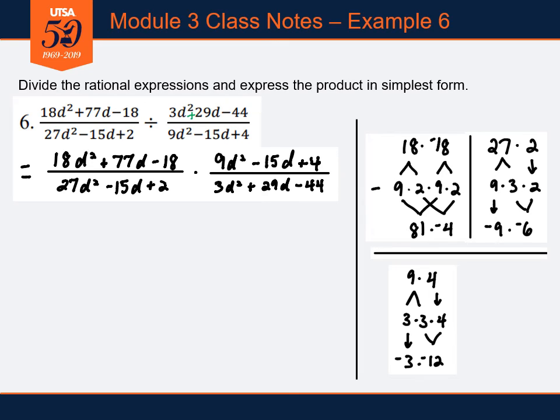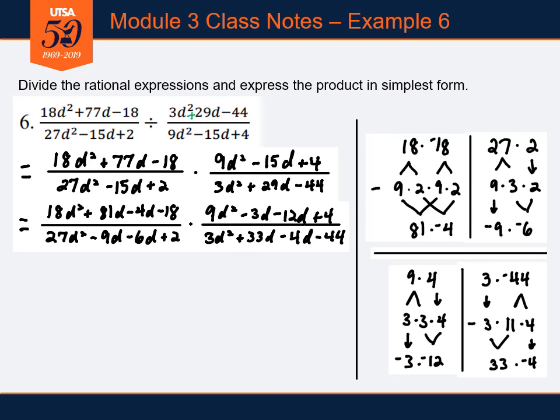In the numerator of the second fraction, 9 times 4 is 36, and -3 times -12 gives me 36, and also adds to -15. Finally, 3 times -44 in the denominator of that second fraction can be recombined as different factors to 33 times -4, and 33 and -4 gives me that positive 29 in the middle term that I'm looking for. Now I've got all the pairs of numbers that I need.